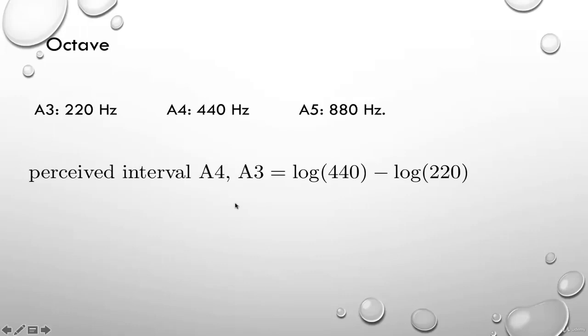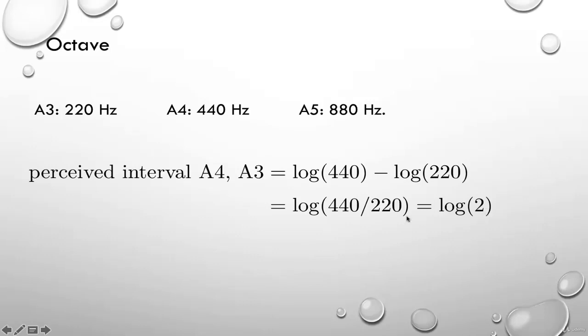So the way we perceive this jump from A3 to A4: again, our perception is the log scale. So log of that frequency is how we perceive that note. Again, this is the log of 220, and our perception of the difference is you subtract those two. But if you remember from pre-calc, the difference of the logs is actually the log of the quotient. So in this case, 440 divided by 220 is log 2.